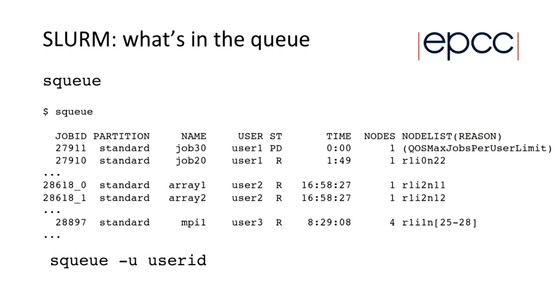So if you want to know what is currently in the queue, you can type squeue, which is the appropriate command. There's a slightly cartoon example here in this slide. You can see there are 2 jobs from user 1 at the top of the list.